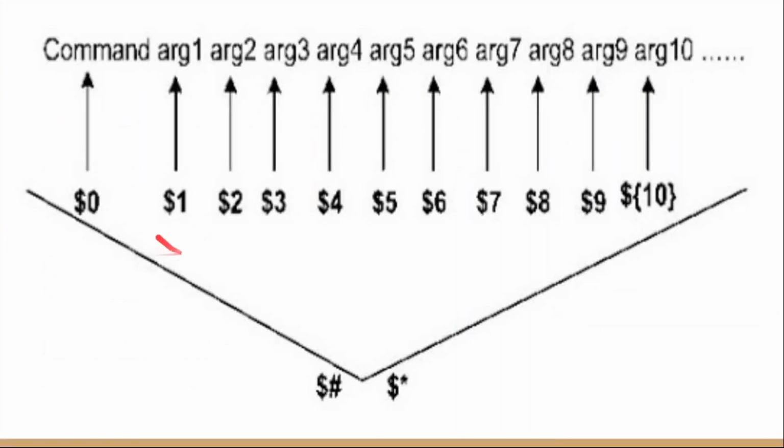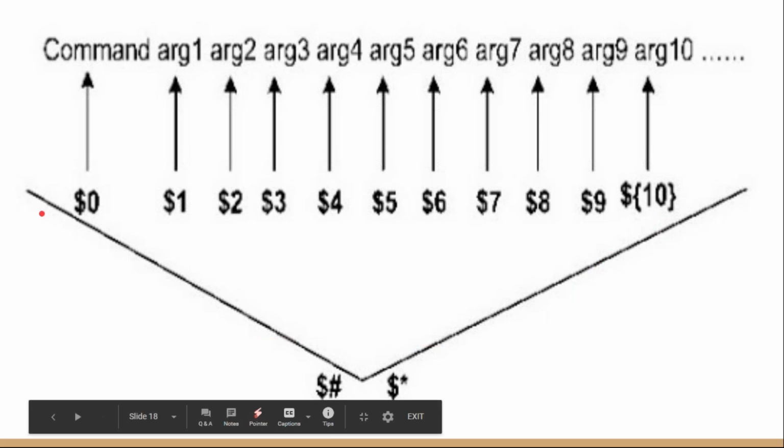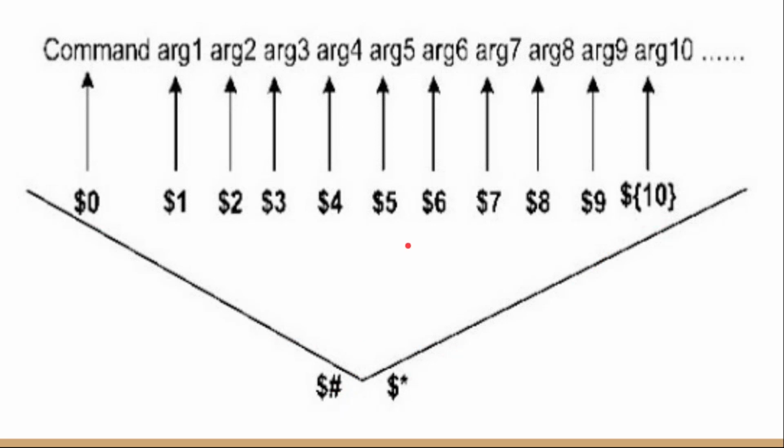Same here: the command at the 0 position, arguments 1, 2 up to 9. If you go for the 10th one, you have to use this syntax, curly braces and 10. The hash will give me the count, and the asterisk will give me the values.